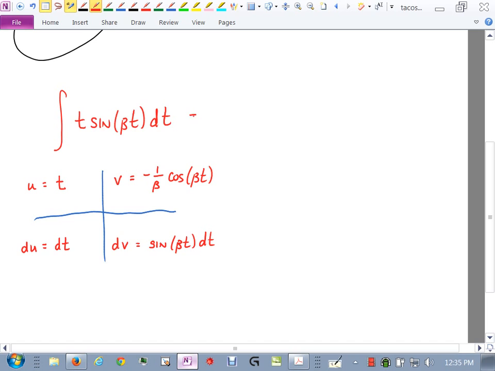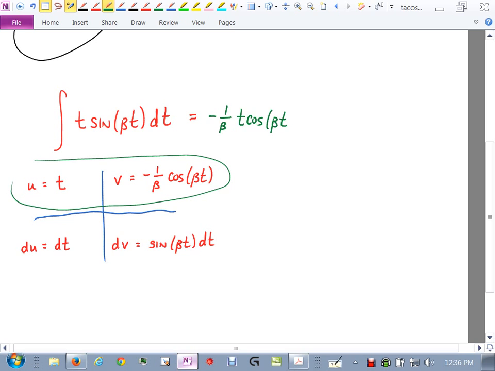So just this integral becomes uv, negative 1 over beta t cosine beta t, minus the integral of v du. There's v du. But what's the constant I have with v du?